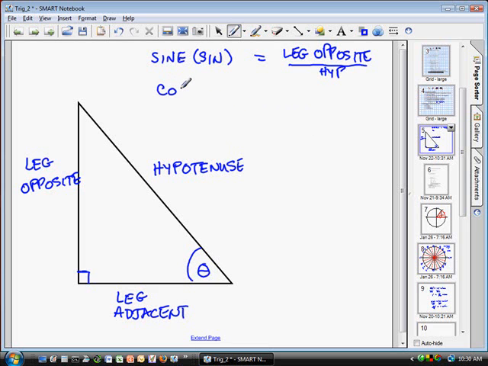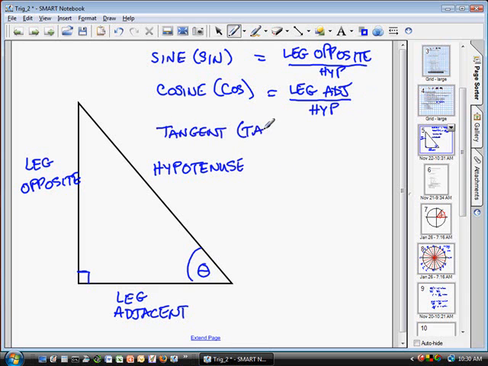The cosine, abbreviated COS, is the leg adjacent divided by the hypotenuse. The tangent, abbreviated TAN, is the leg opposite divided by the leg adjacent.